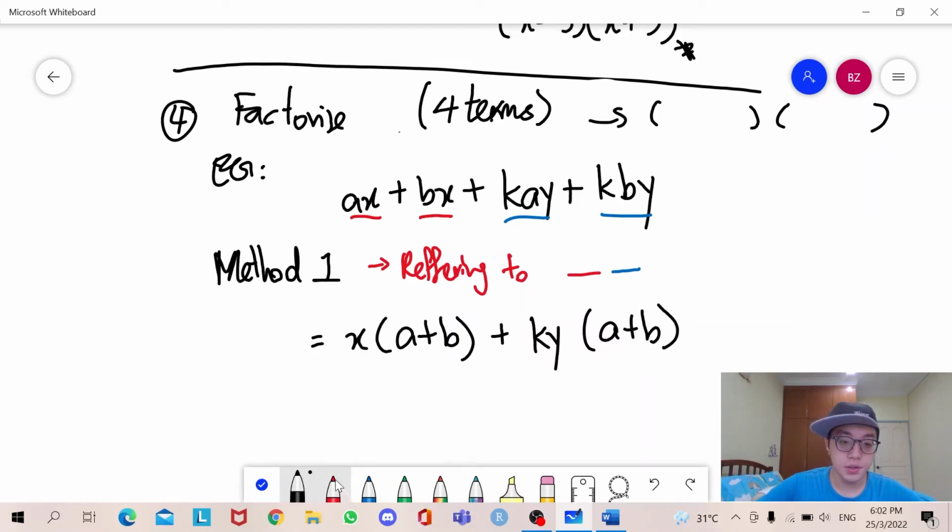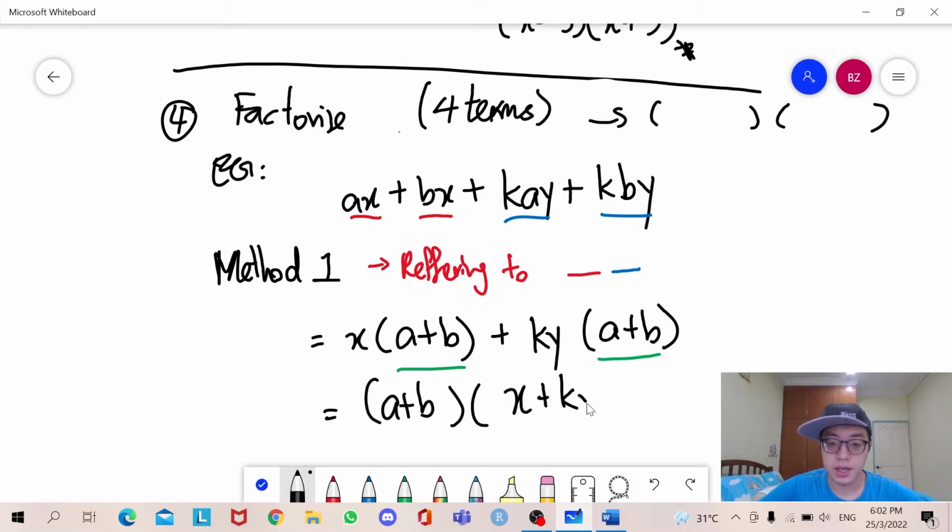So from here we can see that both (a plus b) are the same. Therefore, from the first part where we factorize, we bring out the (a plus b) and leave the x plus ky inside. So this is how you do it.